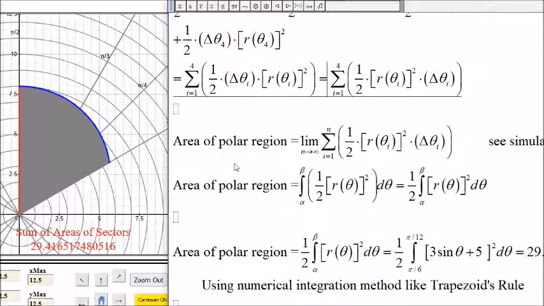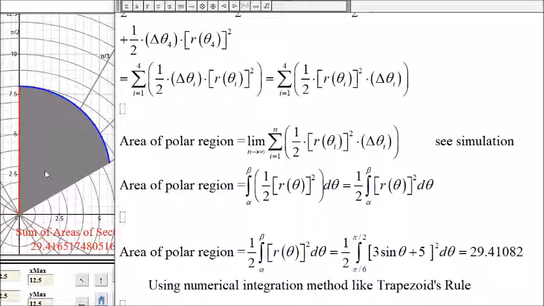So for this particular example, alpha is pi over 6 and beta is pi over 2. And then r of theta, which is the radius, would be 3 sine of theta plus phi, and then squared. To find this definite integral, we can use a numerical integration method like the trapezoid rule, and that will give us 29.41.